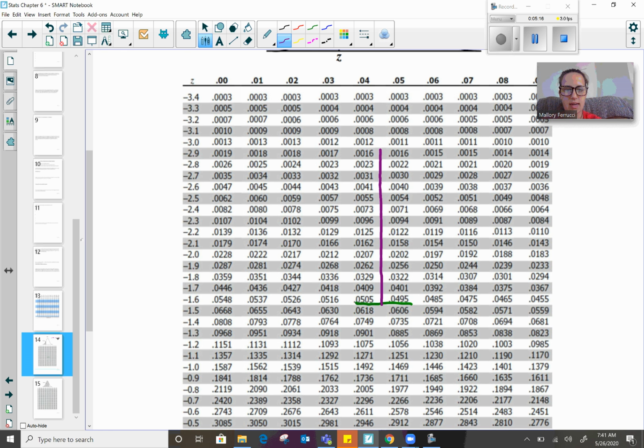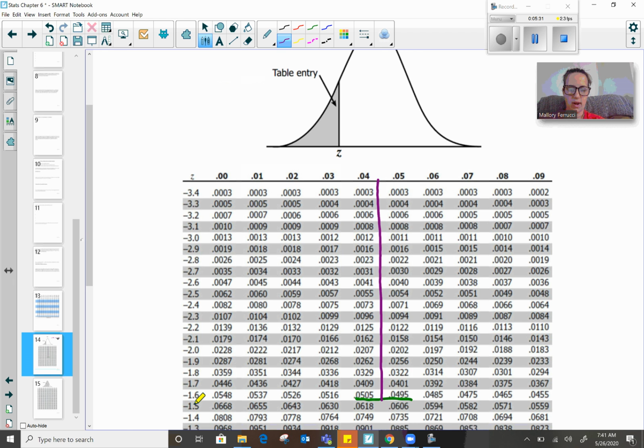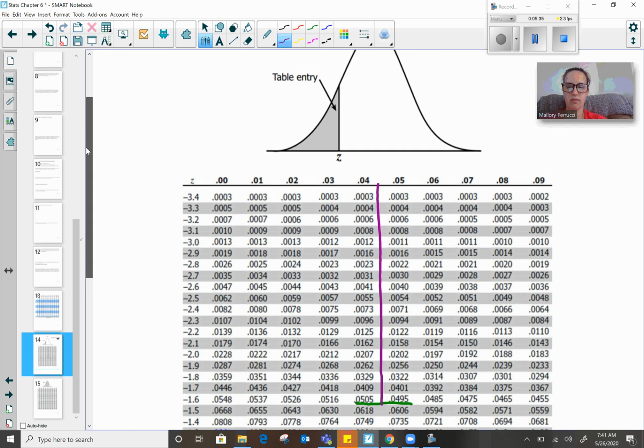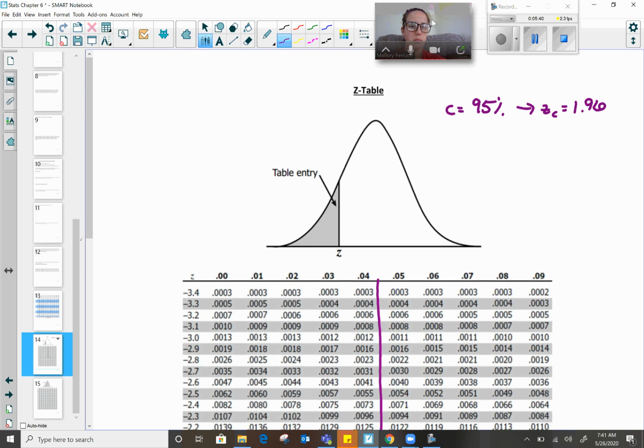It's not any closer to 0.0505 as it is to 0.0495. It's actually right in between. So what that tells me, negative 1.64, negative 1.65.